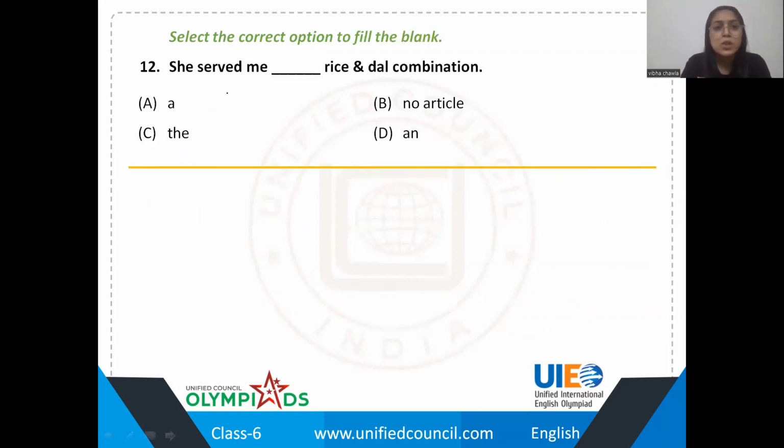Come on now, let's quickly move to question number 12. She served me blank rice and dal combination. Now, in this sentence, we have to fill the right article. And articles are always and always used for a noun, and in this case that is combination.